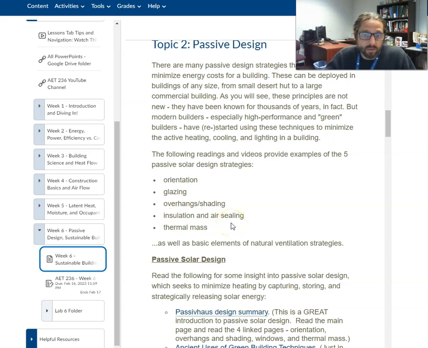Climate change is the single most important sustainability issue of our lives. It's affecting us now, and it's only going to continue to affect us more in the future. So it's important that you understand how to address it no matter what you're doing.